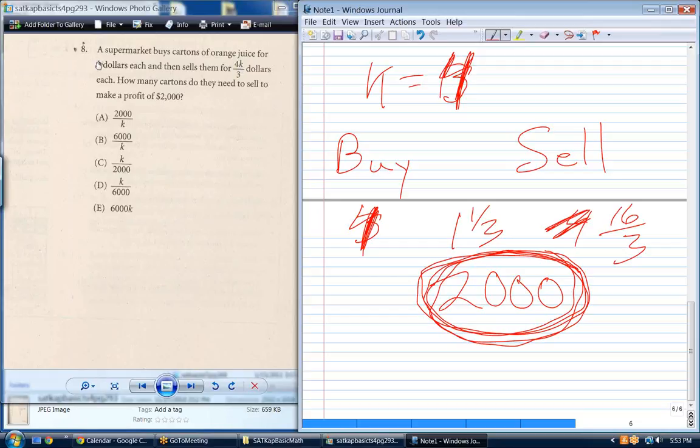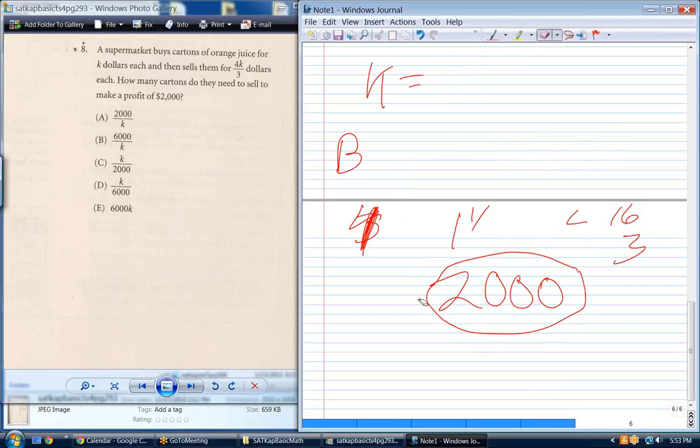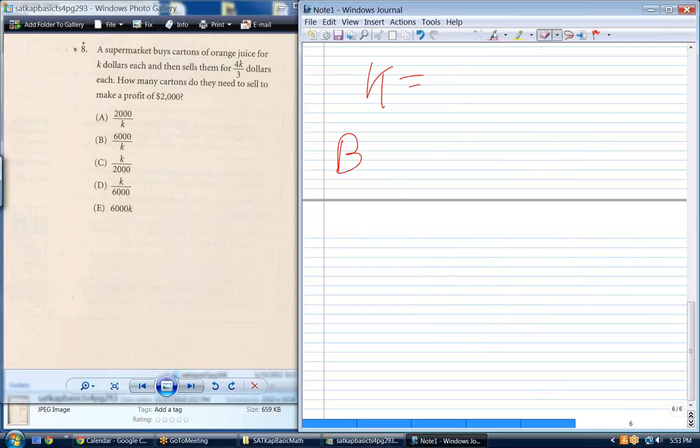So I could have picked 6. Now watch what happens when we pick 6, just so you get this, because this is a pretty fundamental principle of picking numbers. Let's say I picked K as 6. So now we're going to buy it for 6. We're going to sell it for 8. So we're going to make a profit of $2. Now how many cartons do I need to sell? 1,000.